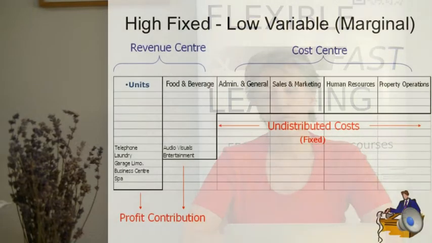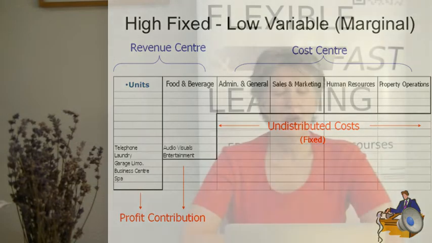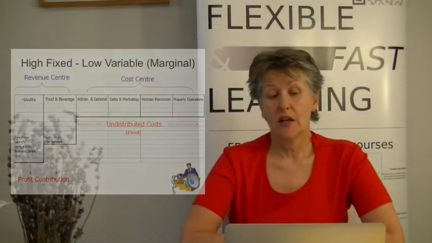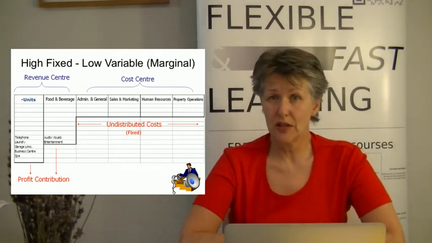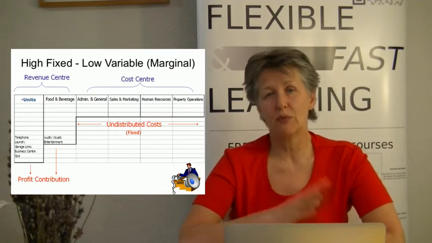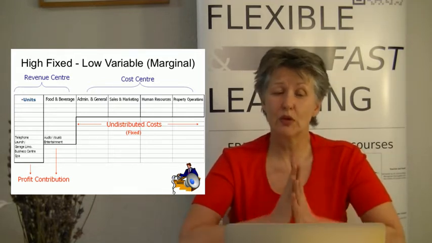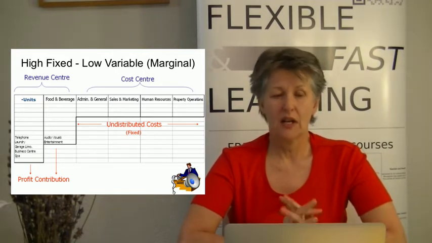On this next slide you'll see an example of a hotel accounting system where we have the centres of the hotel divided into cost centres and revenue centres. This is very important, so we make sure each manager of each department in the hotel is responsible for the revenue and costs of their departments.